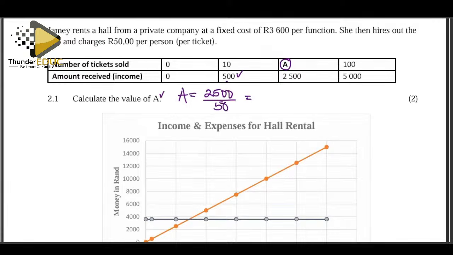And the answer becomes 50. The answer became 50 tickets.